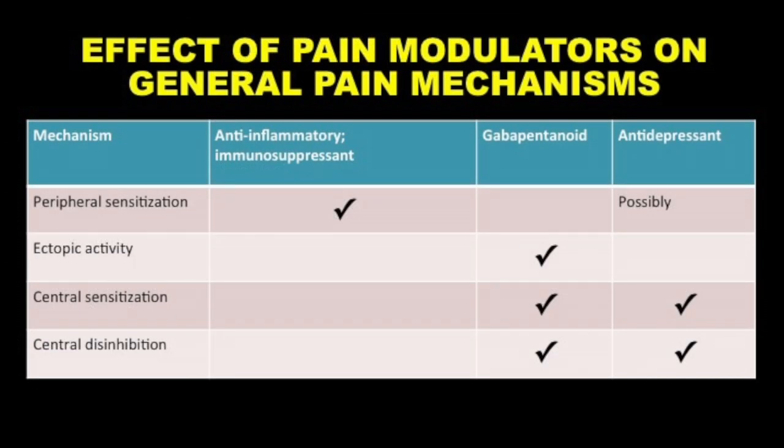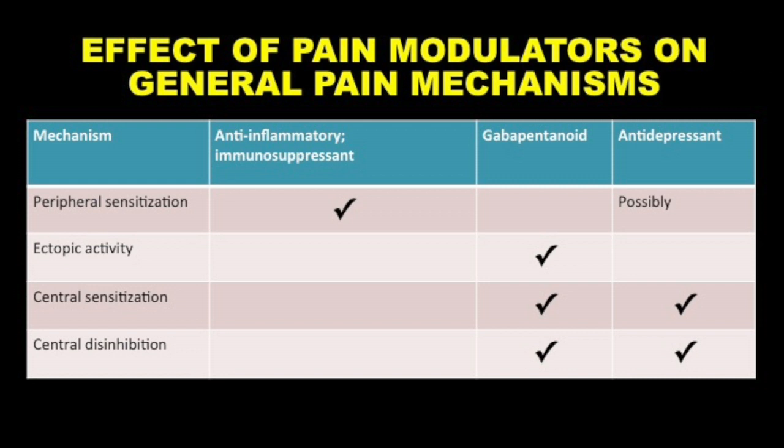So the best thing really is to assess the pain and see where the pain is coming from. The best things for peripheral sensitization are anti-inflammatory agents, like we talked about, the NSAIDs. And then for central sensitization, things like gabapentin and pregabalin are the best.